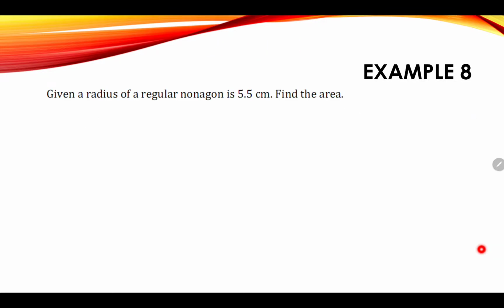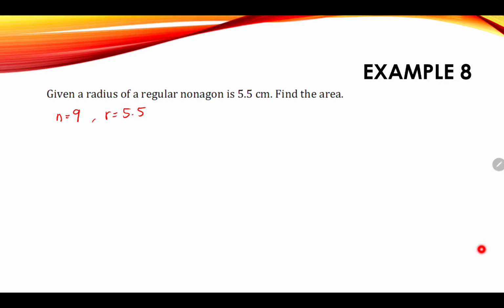Okay, example 8. Given a radius of a regular nonagon is 5.5 cm. So find the area. So we know that a nonagon has 9 sides. Okay, which mean n equals 9, and given R equals 5.5 in this question.